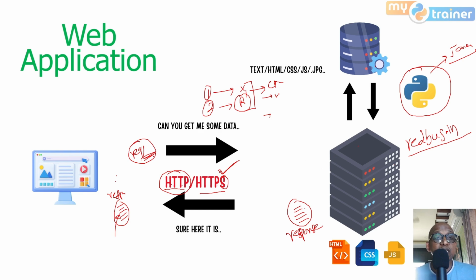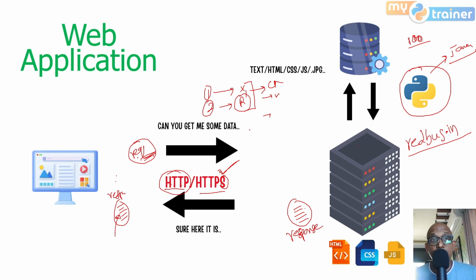In the other case, once the server receives the request, based upon the request, it connects to the database and finds out which tables it needs to get the information from. There are some hundreds of tables in the database. The server is not going to get the same data every time for every request.